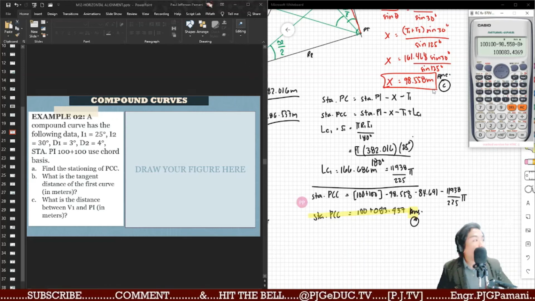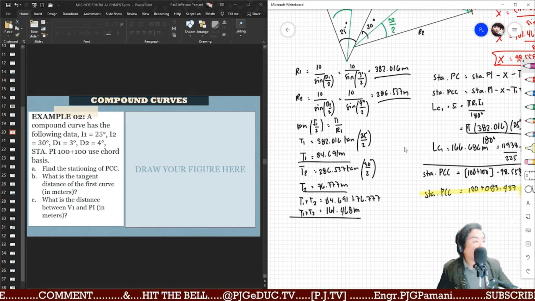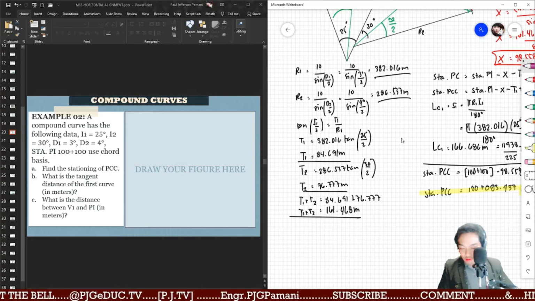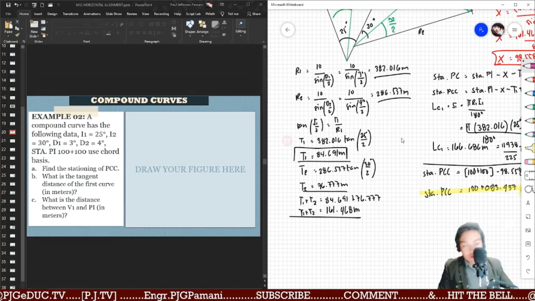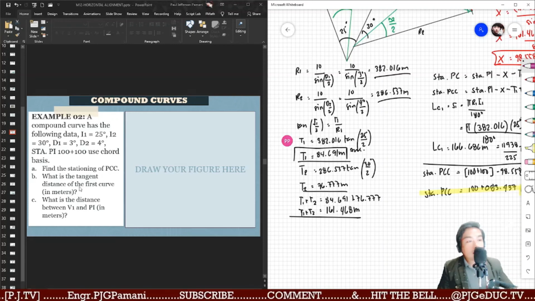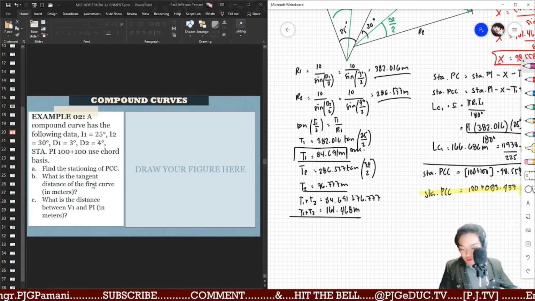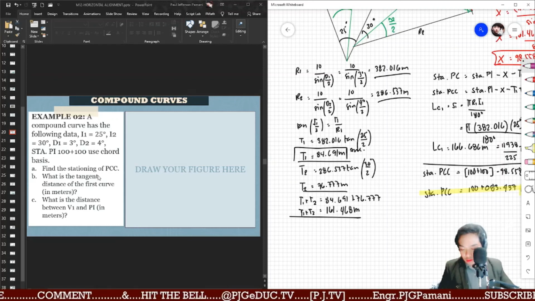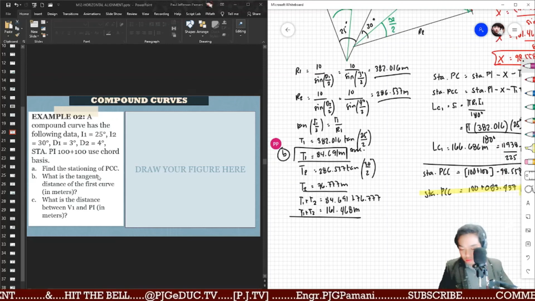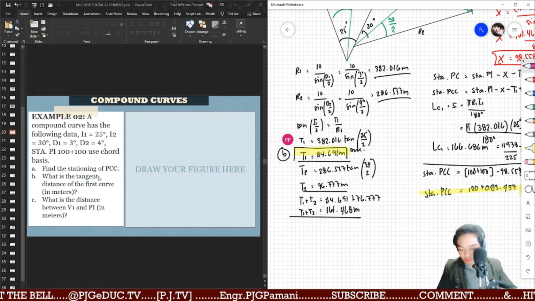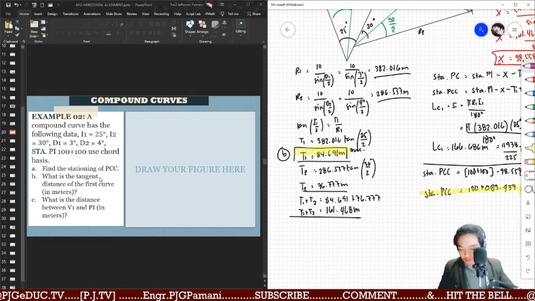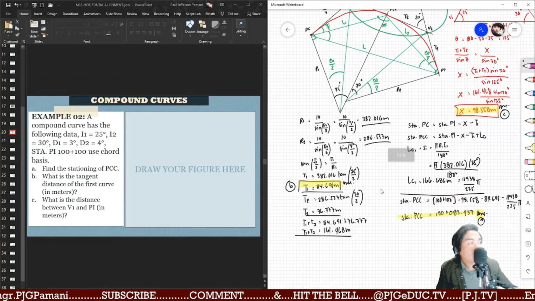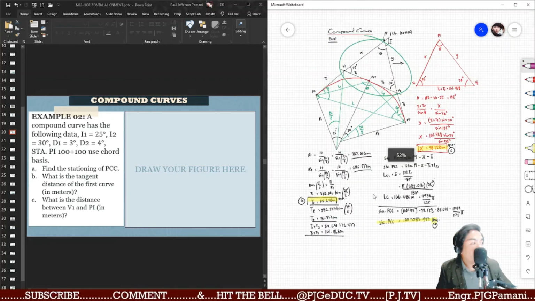And answer for letter C, then na-solve na pala natin kanina. Yung answer for the tangent distance of the first curve, this is letter B. So, yan na po yan. Nakadali lang, di ba?